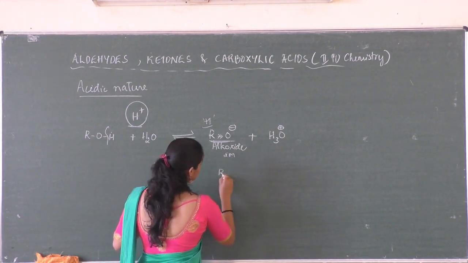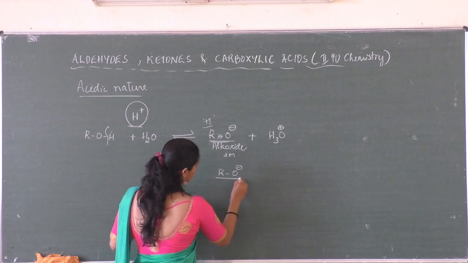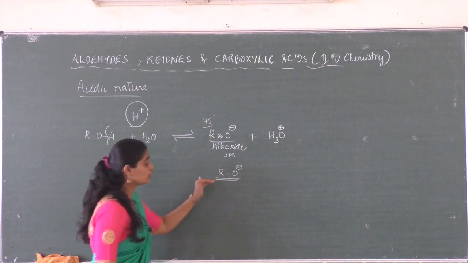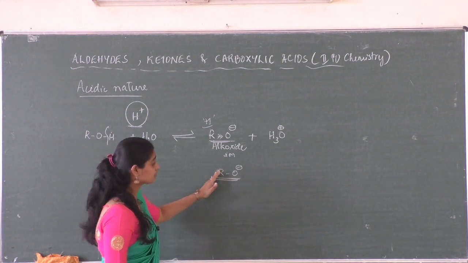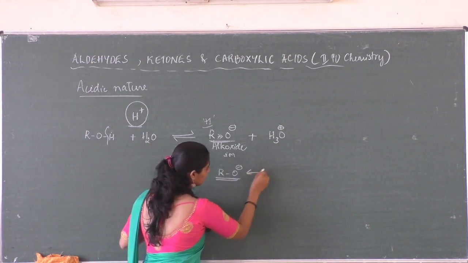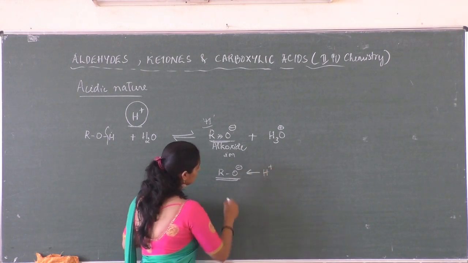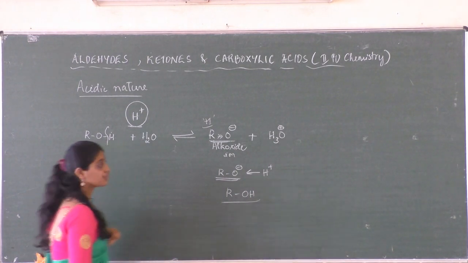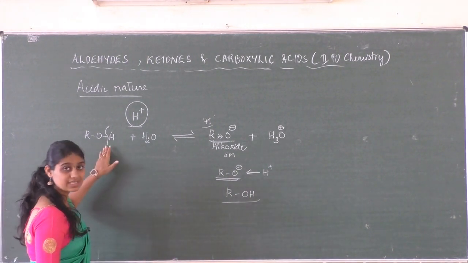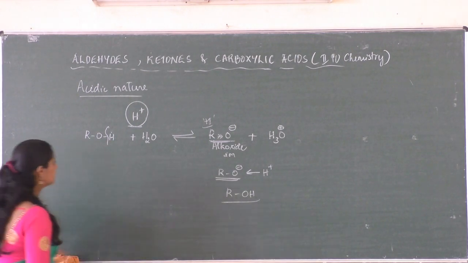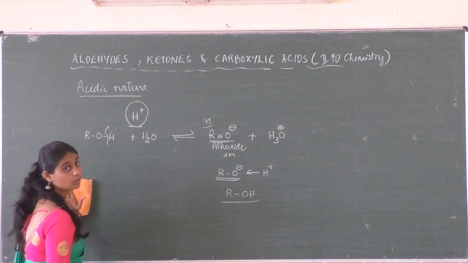So once the alkoxide ion is formed, it is not stable. It will attract the H plus ion, so that it gets converted back to alcohol again. So this is less acidic. Clear? Let us discuss the acidic character of phenols now.